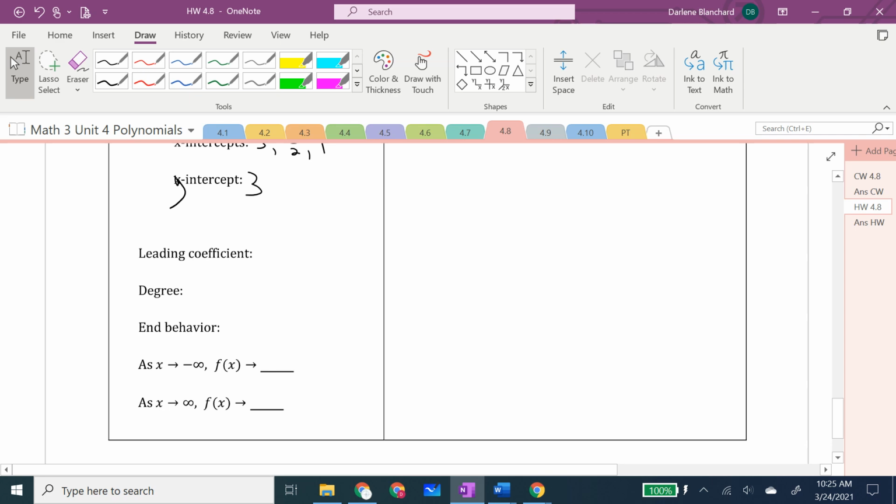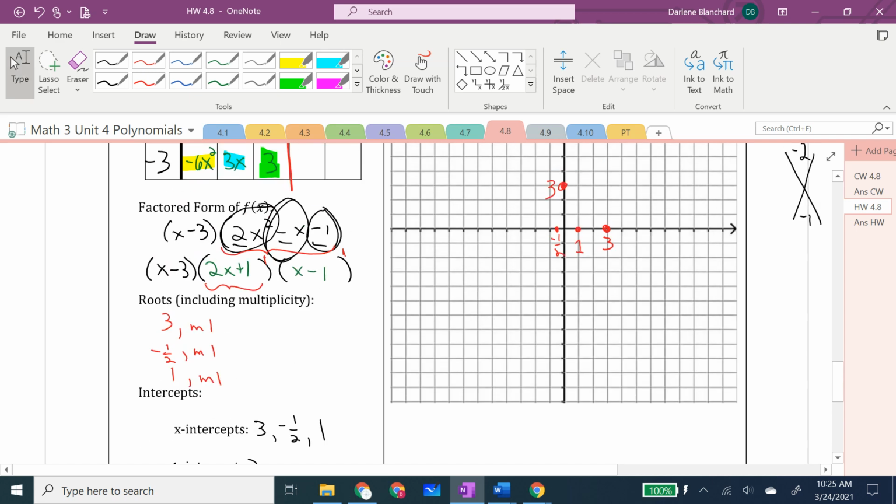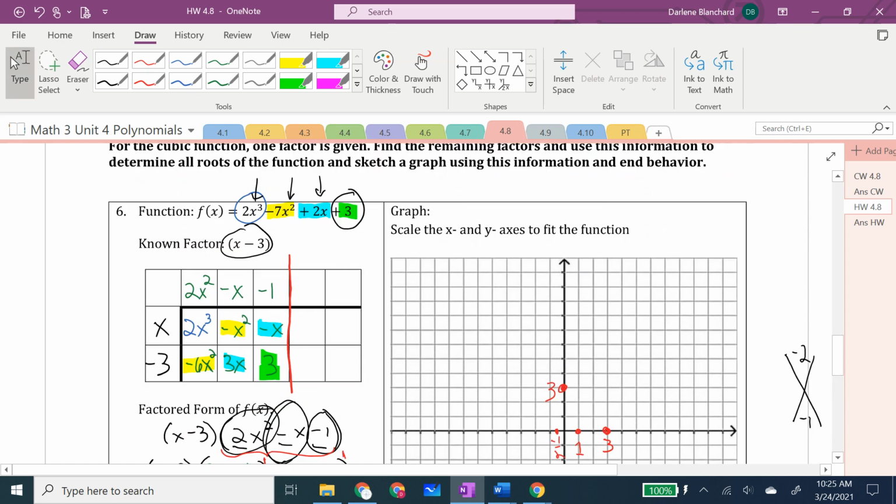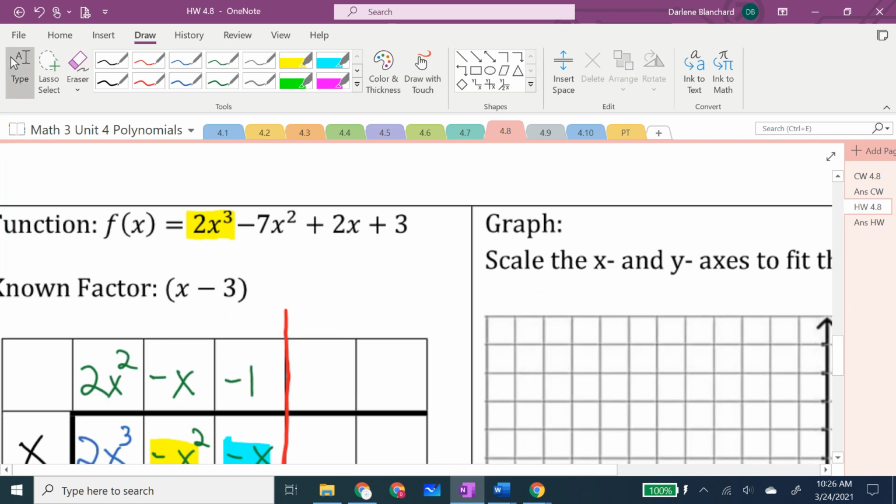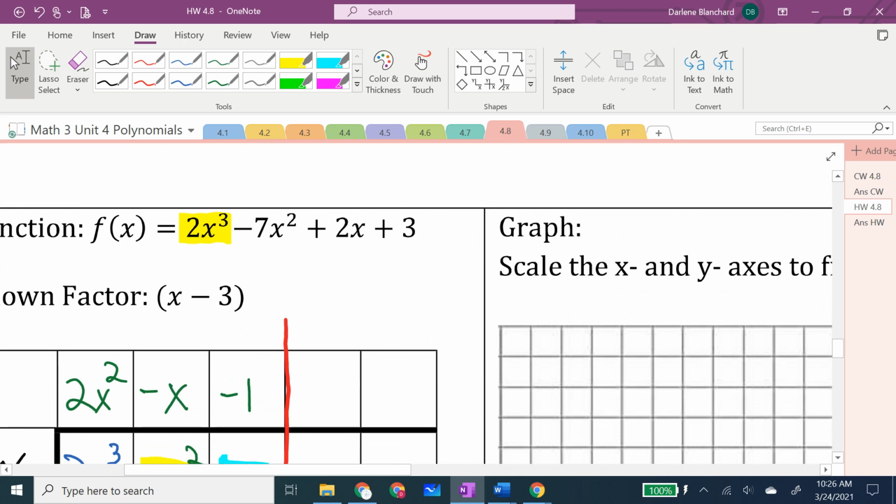Now, to look at the degree, the leading coefficient and the degree, it is easier to see in the expanded form, which is what I was given to begin with. And if you look at the entire leading term, the largest exponent is 3. That means this is degree 3, leading coefficient is positive 2.